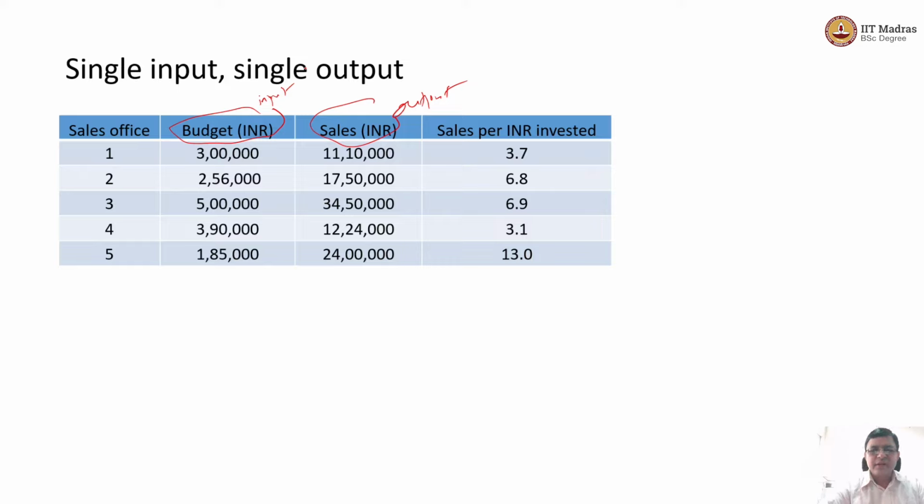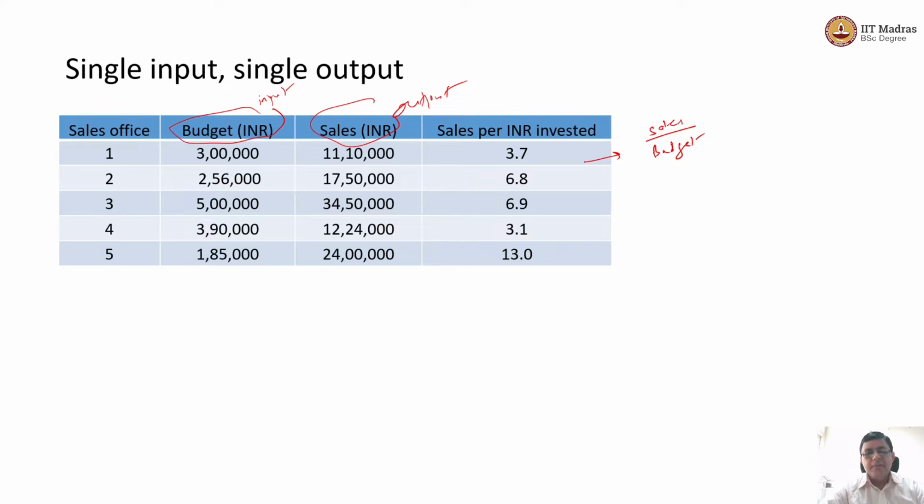So what is the efficiency? Just calculate. What is this 3.7? 3.7 is essentially sales, which is output, divided by the budget. So sales office 1 has a ratio of 3.7, whereas sales office 5 has a ratio of 13.